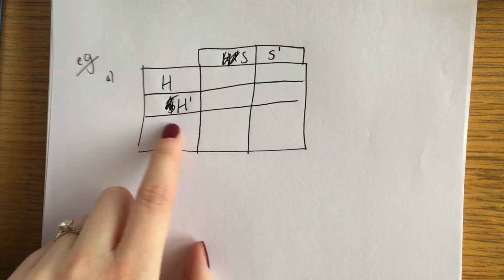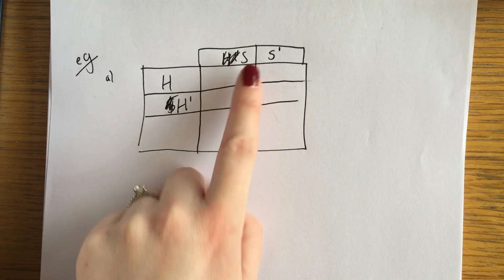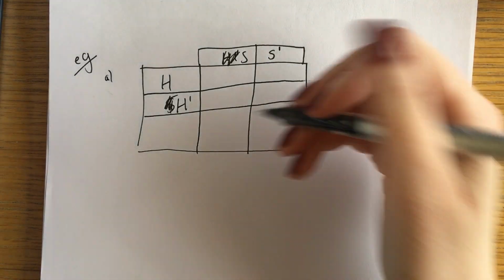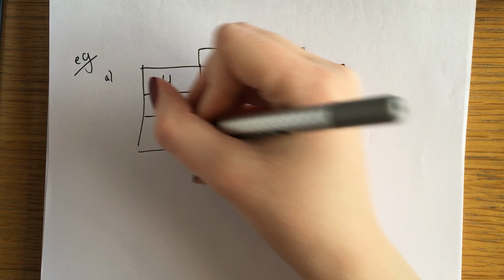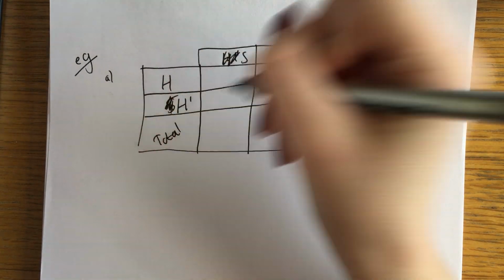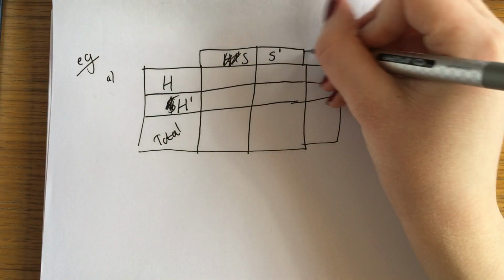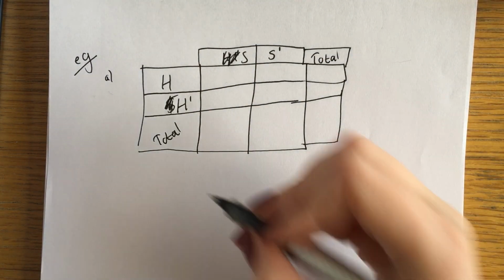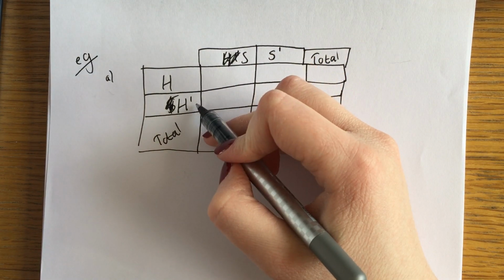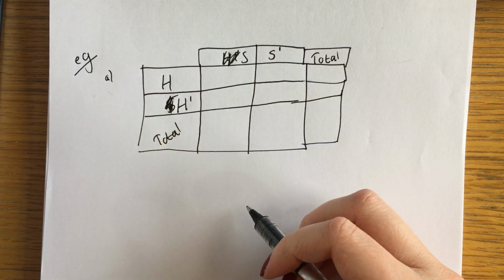Because either they choose humanities, or they choose a science, or they choose one or the other, or both. And then these rows are our totals. Obviously, it's a very scrappy table, but it would do. So humanities or not humanities, science or not science.